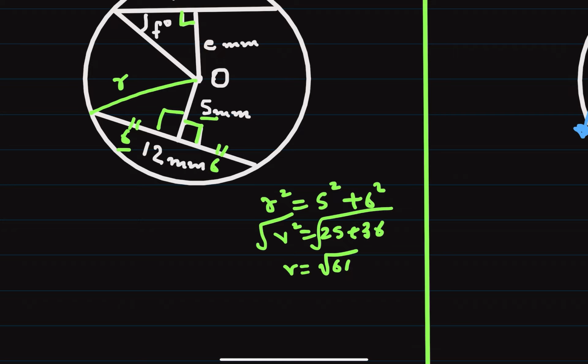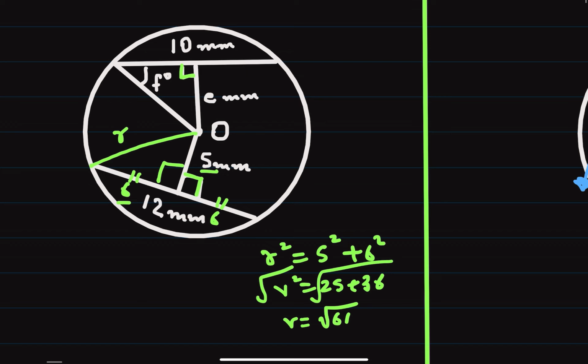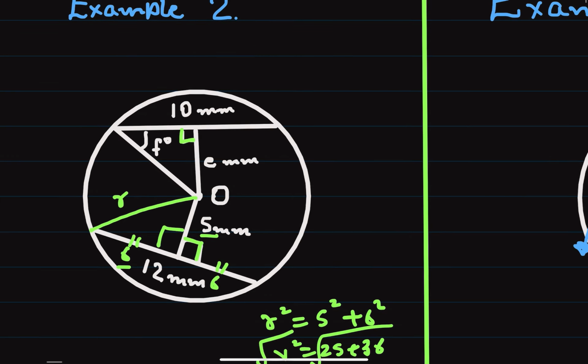And then we can find this angle. If we know the radius is root 61, and we can see there is a 90-degree angle, so it will bisect the chord like 5 and 5 according to the property we have discussed recently. So we can find easily that this is adjacent over hypotenuse.